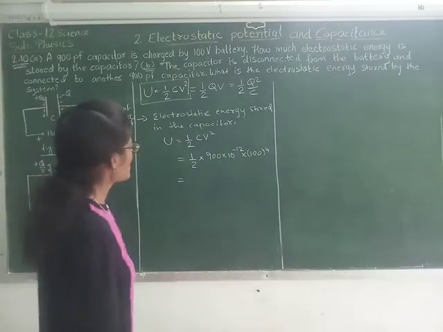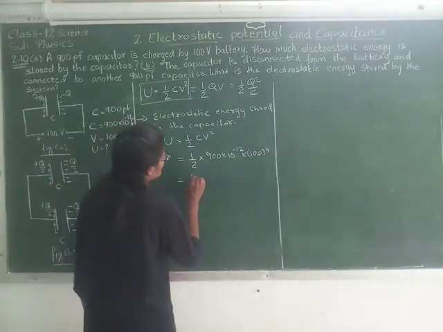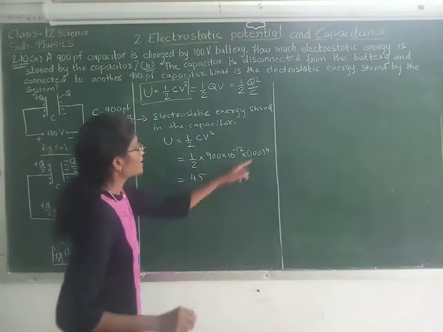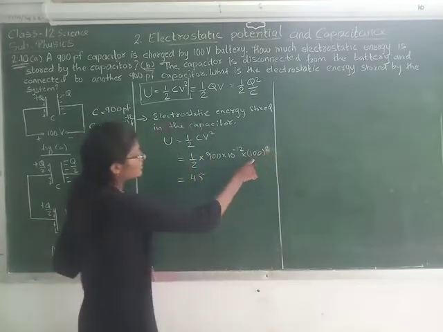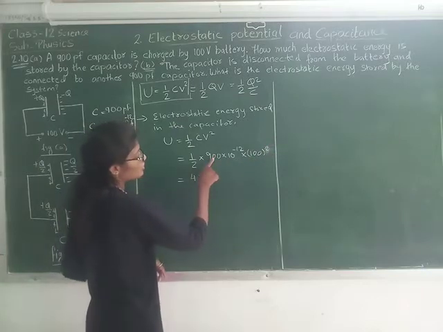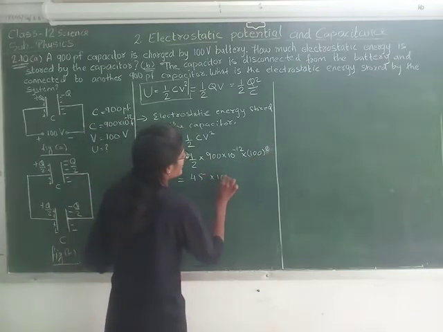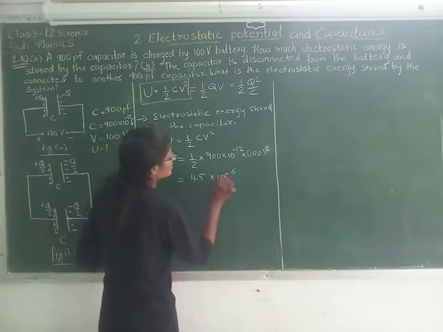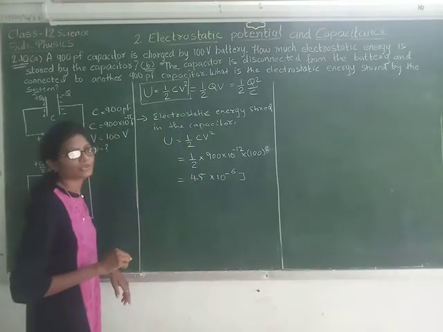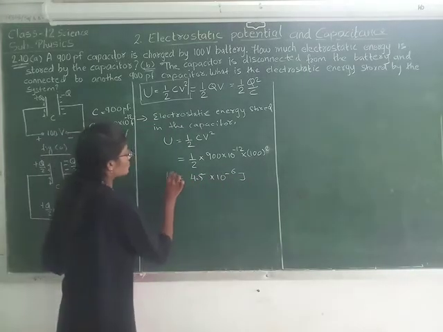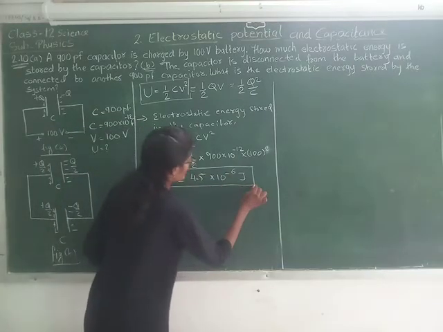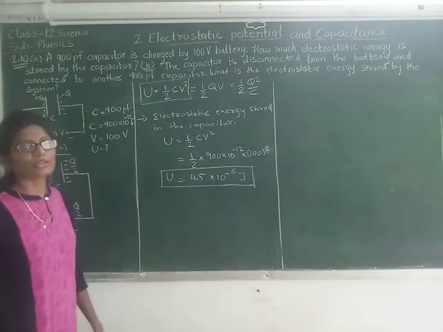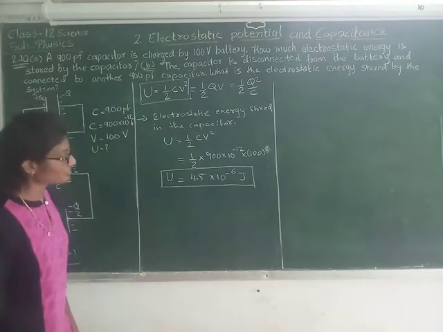When we solve this, what do we get? We get 4.5. Here it is square, so 10 raised to 4 gives 10 raised to 6, and 10 raised to minus 6. So our answer is 4.5 into 10 raised to minus 6 joule. So the electrostatic energy stored in the capacitor is 4.5 into 10 raised to minus 6 joule.